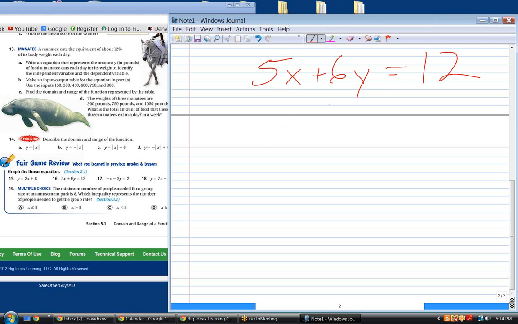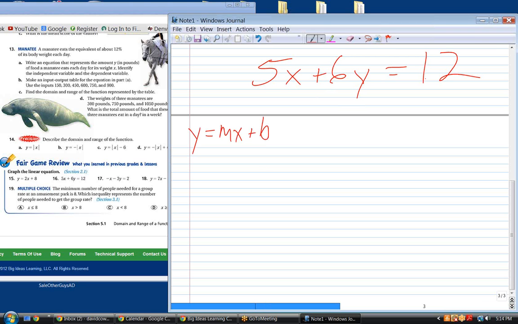So what's the next line I'm going to write? 6y plus 5x equals 12. If we're trying to get it into y equals mx plus b format, I want to solve for y, right?